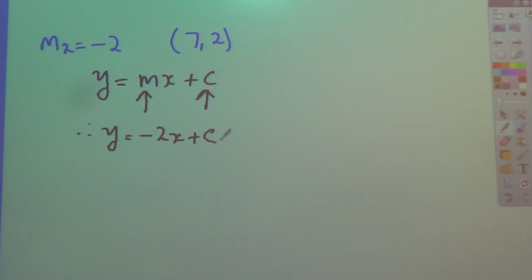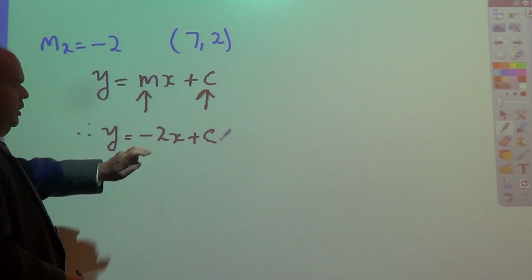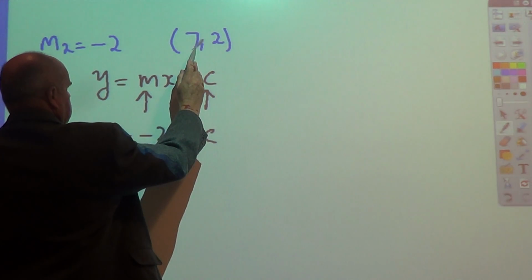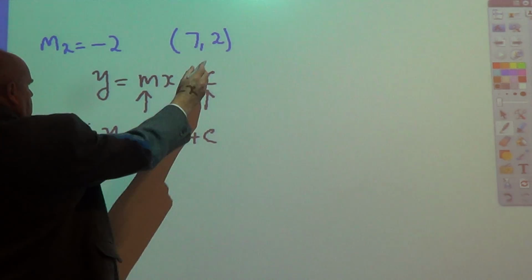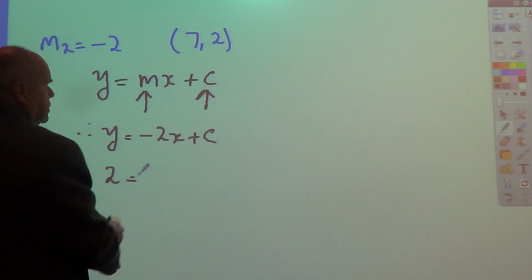What I need to do now is find a value for c, and remember, I can do that by substituting a coordinate into my equation so far. Remember what this is saying? It's saying that when x is 7, y is -2. So I substitute y equals -2 and x is 7.